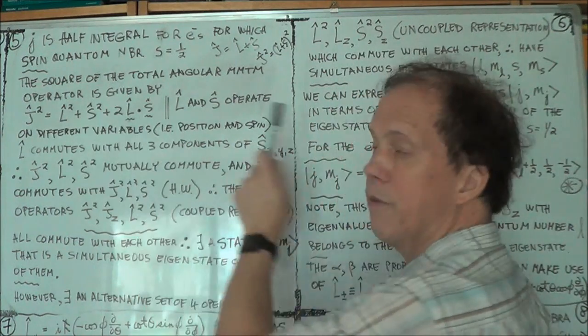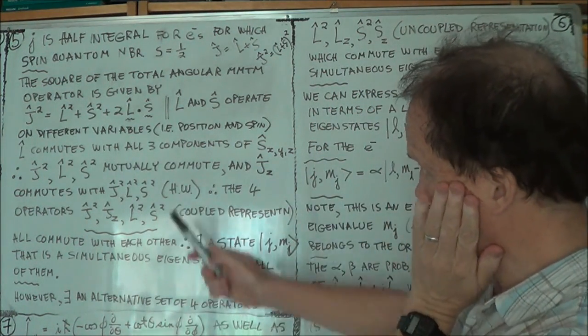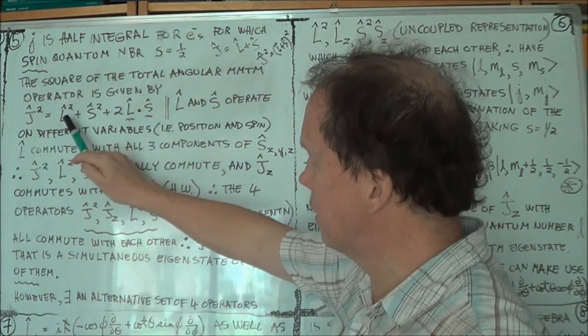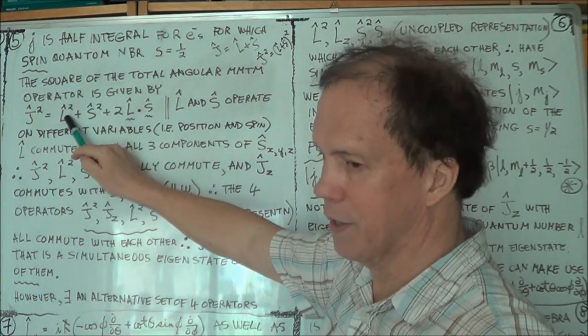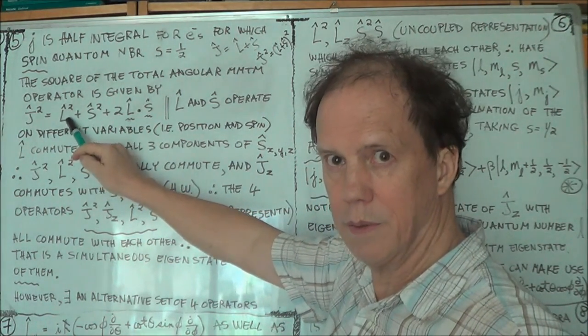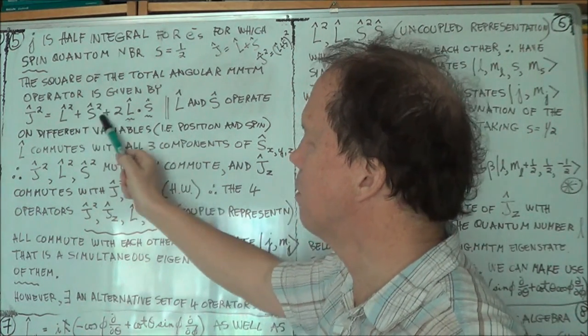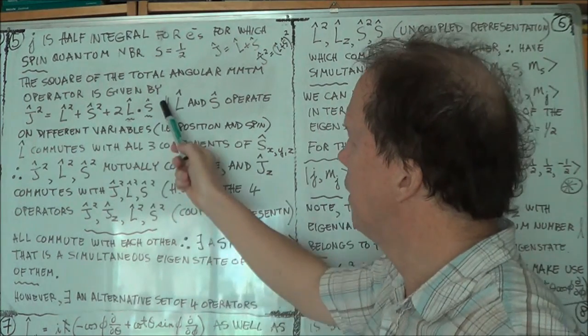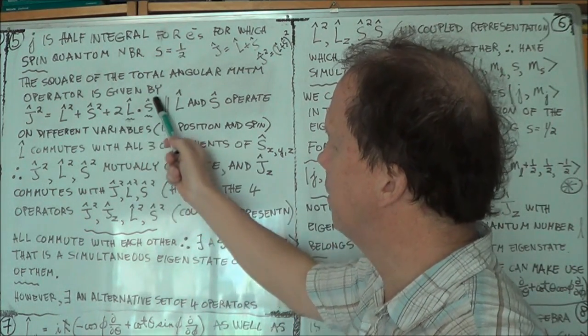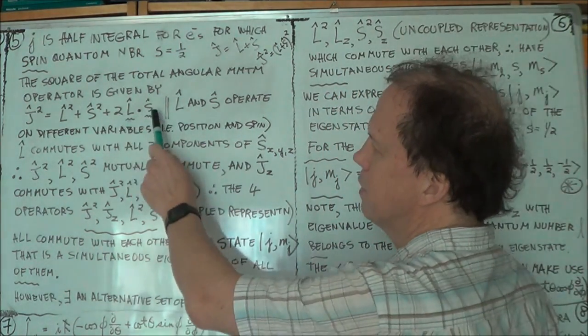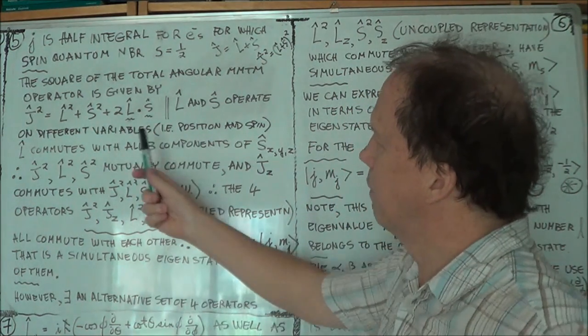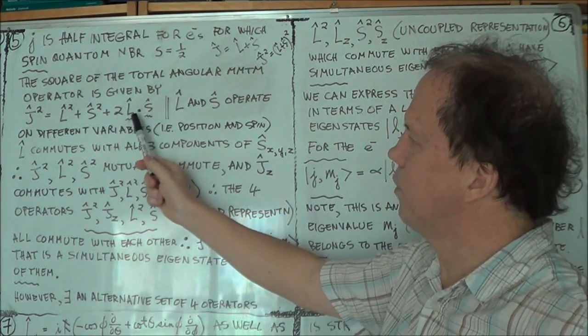So I ask you to do that for homework. Now this is just Lx squared plus Ly squared plus Lz squared, and similarly for the S. So those two terms are pretty straightforward. This might be a bit puzzling. This represents twice the dot product.